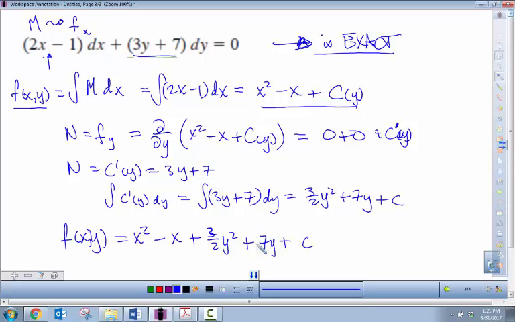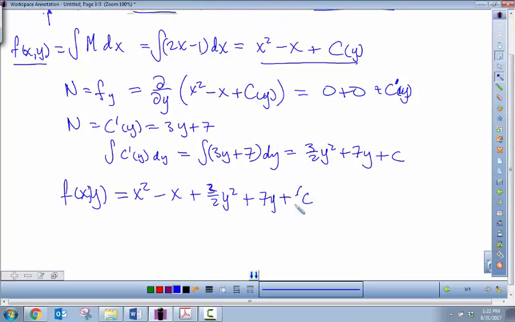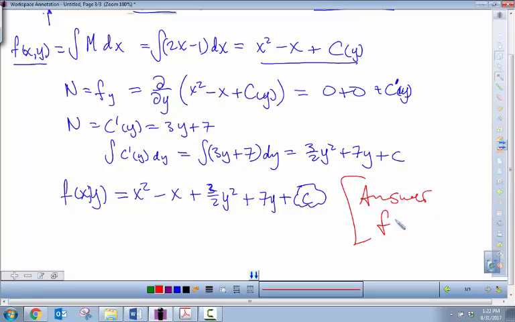Is this your answer? No. Not quite. Remember, your answer has to be in the form of f of x, y is equal to c. So actually, this c over here can be brought over to the other side. So let's remember that your answer is of the form f of x, y equals c.